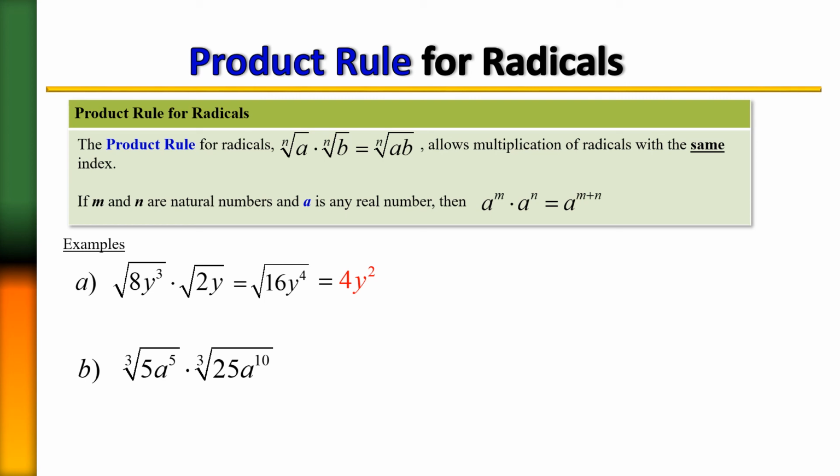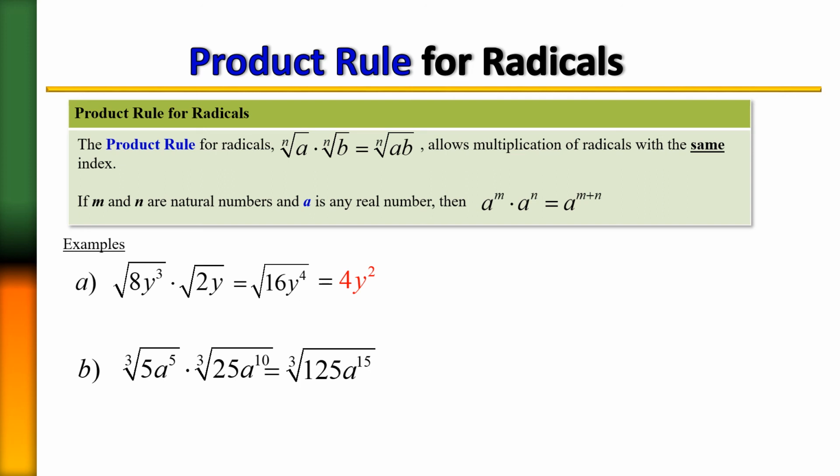And then for the variables, the base is the same, a. Keep the base of a and add the exponents. So when I do that, it's going to leave me with the cube root of 125, a to the 15th.